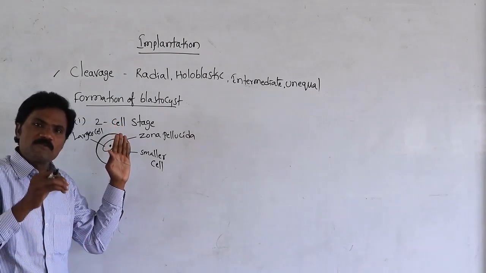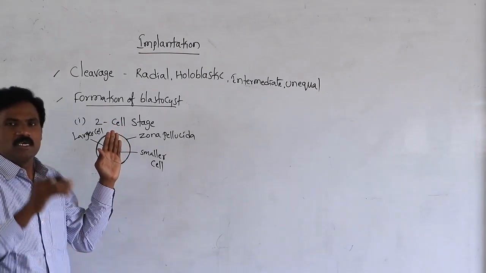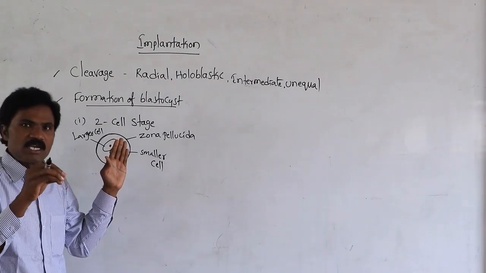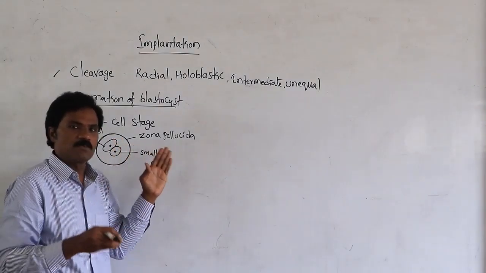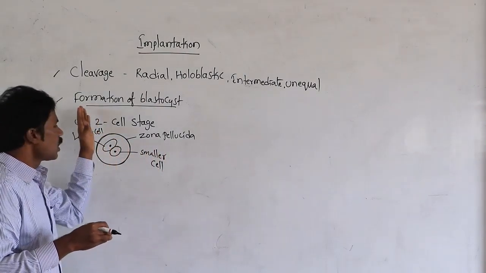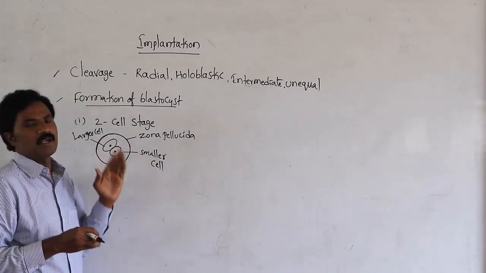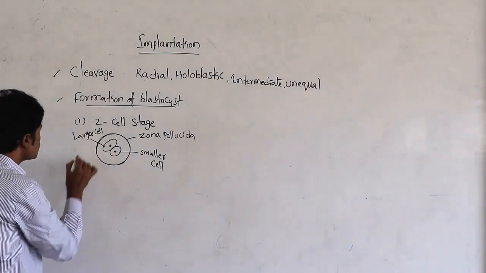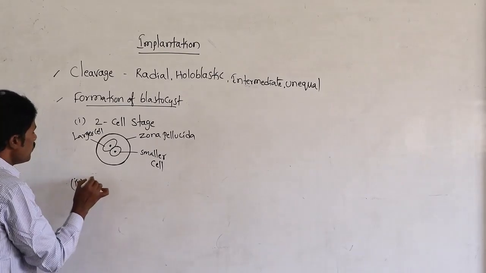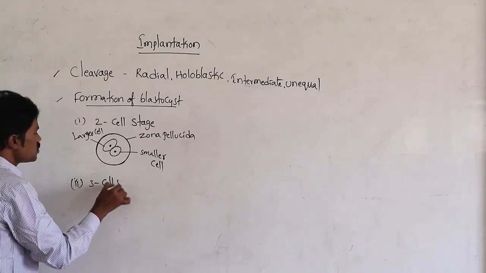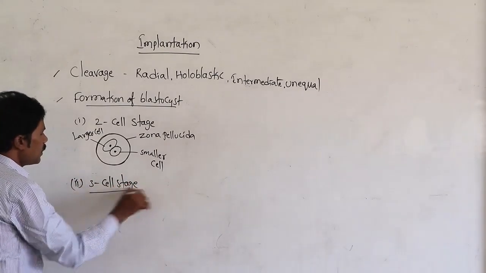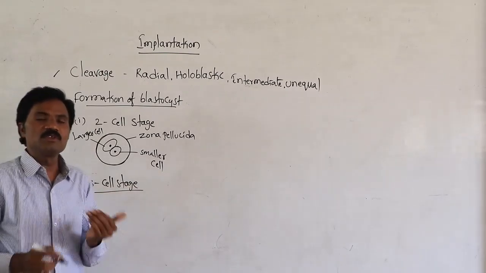On the first day after fertilization, the first mitotic cell division, unequal division, takes place. One is larger, another is smaller. Next it undergoes the 3 cell stage.